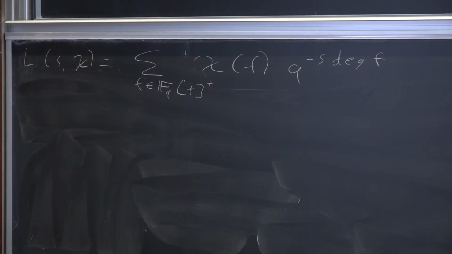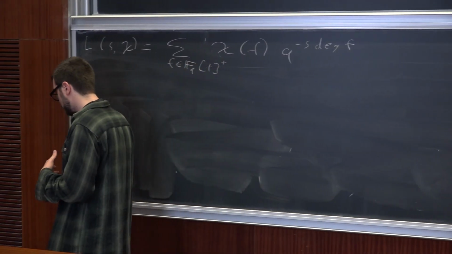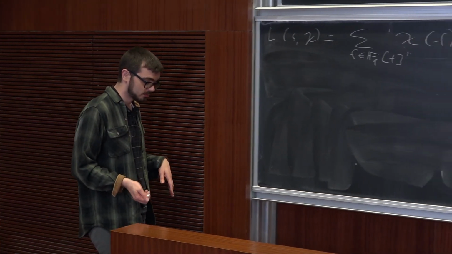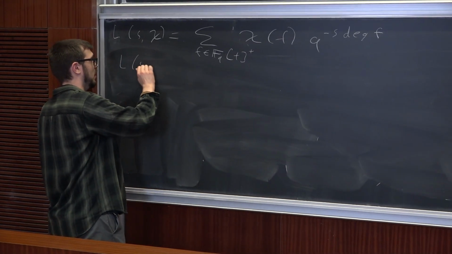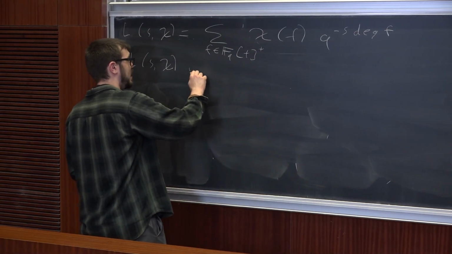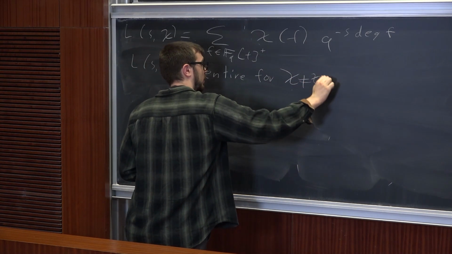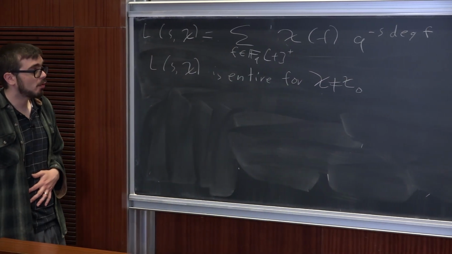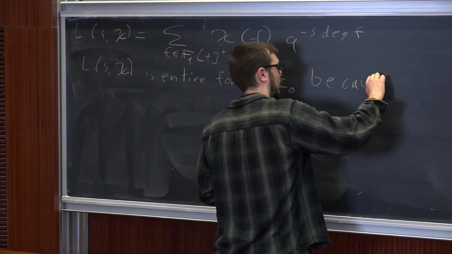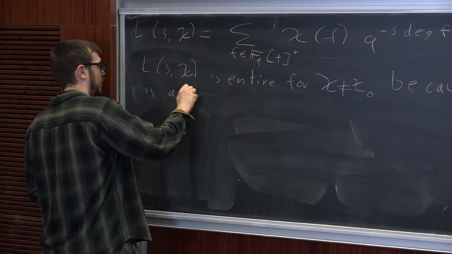And so we end up with a power series in q to the minus s. L(s, chi) ends up being in this setting, again entire, for chi non-trivial, but for a more elementary reason, because it is a polynomial in q to the minus s.